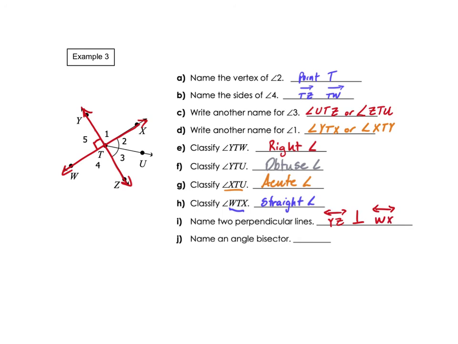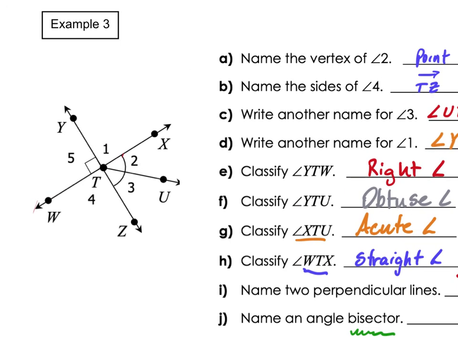And let's see here, this final question is name an angle bisector. We have not really discussed bisectors at this point, but what a bisector does is it cuts something in half. What I can see here is that if I have this big angle XTZ, an angle bisector might be TU here, because it seems to cut this angle in half, because this angle is equal to this angle.